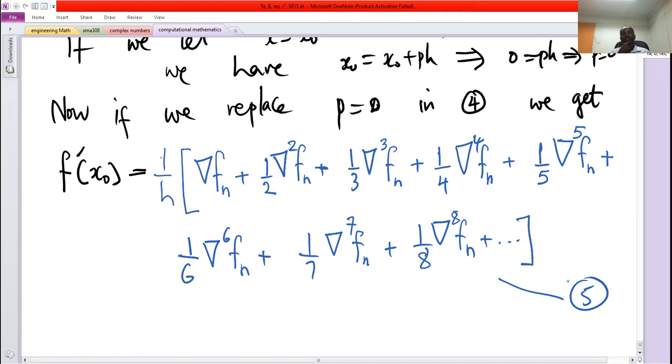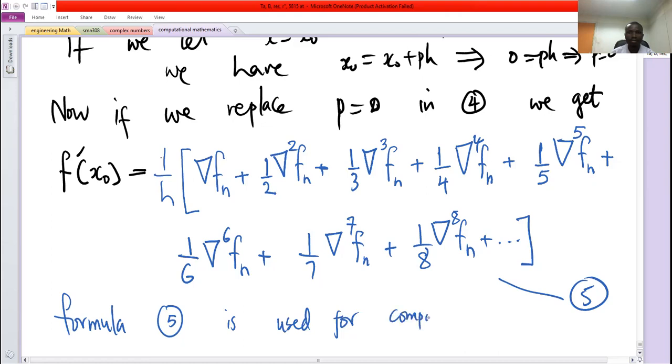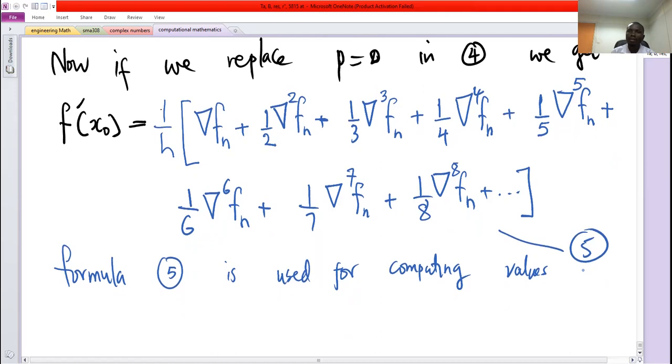So formula 5 is used for finding the values of the derivative for tabulated points. So formula 5 is used for computing values of f prime of x at tabulated points.